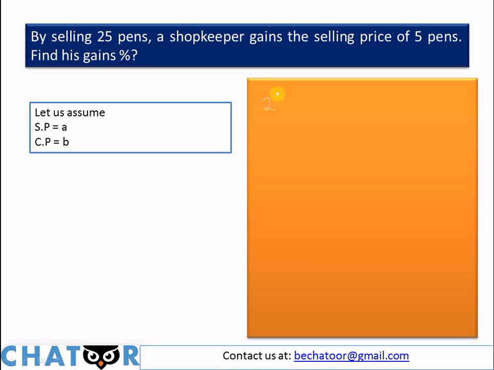So SP of 25 pence, which is 25A, minus CP of 25 pence, which is 25B, is equal to SP of 5 pence, which is 5A.